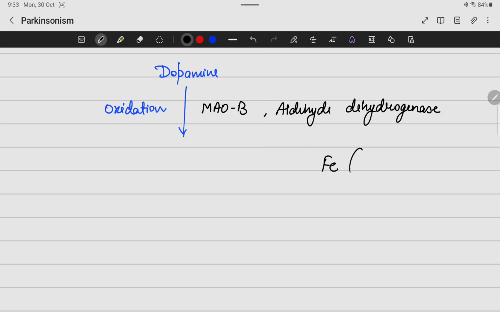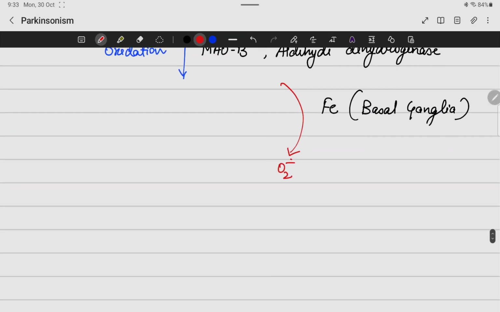The basal ganglia is rich in iron. So while dopamine is oxidized by MAO-B and aldehyde dehydrogenase, oxygen free radicals are produced, and these are responsible for destruction of the nigrostriatal pathway. This is just a proposed theory.